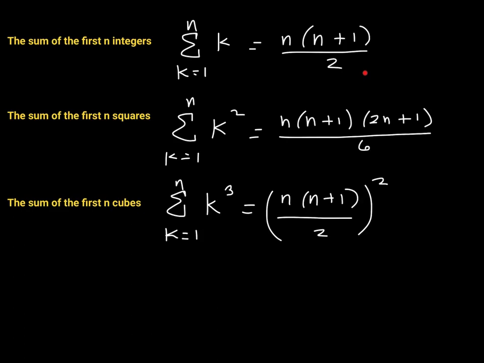I think rumor has it that Gauss was around 8 years old when he discovered this formula. There's also these two formulas which are really helpful, the sum of the first n squares and the sum of the first n cubes. And we can use finite sums, sigma notation, for these formulas. So this is really, really helpful.